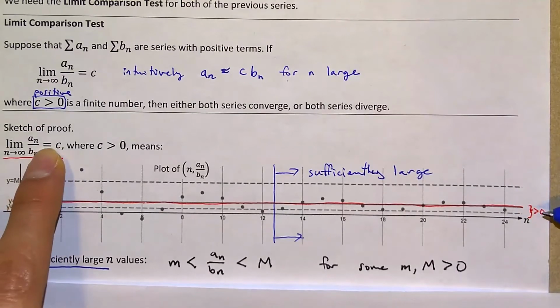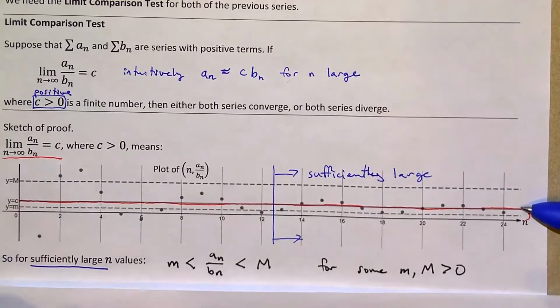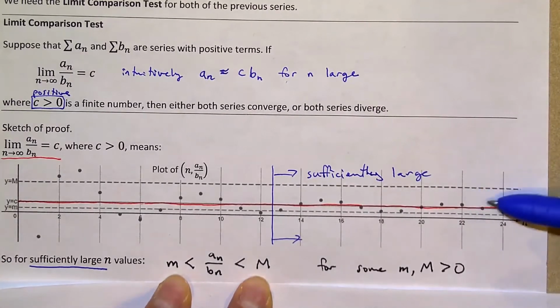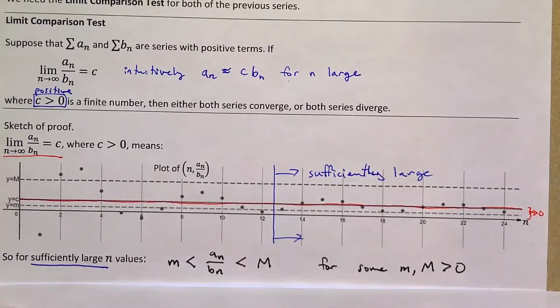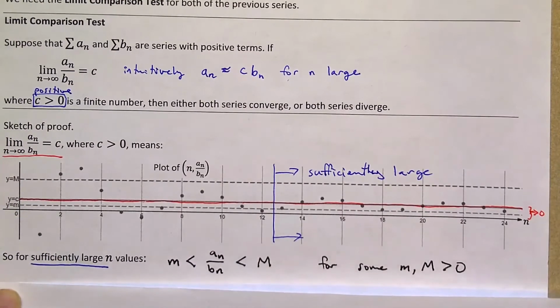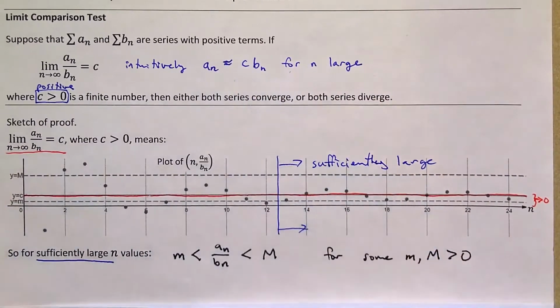If you think about it, all we're really doing here with this capital M and little m is restating what's going on with the limit. The limit means these points are getting closer and closer to c. Well, that means if you're slightly below c or slightly above c, eventually you're going to be in between those two because we're approaching c. So if we have this inequality, let's rewrite it like this.